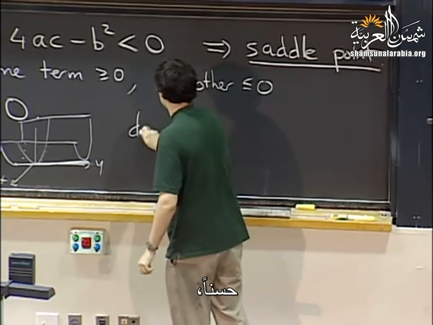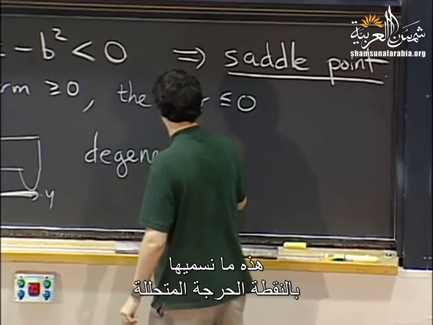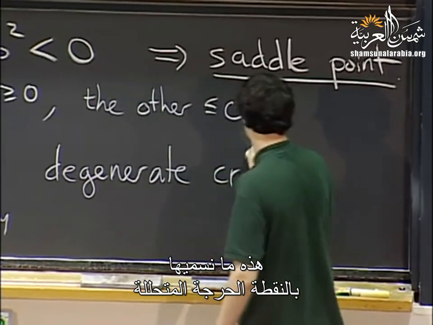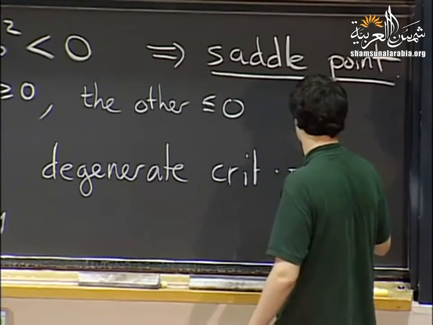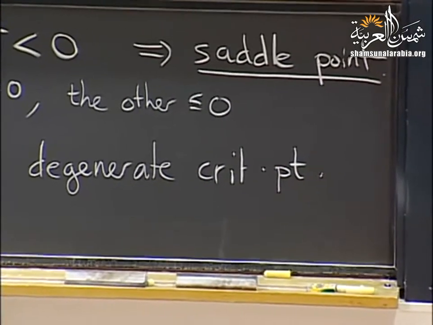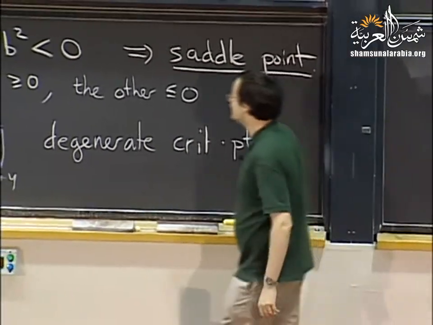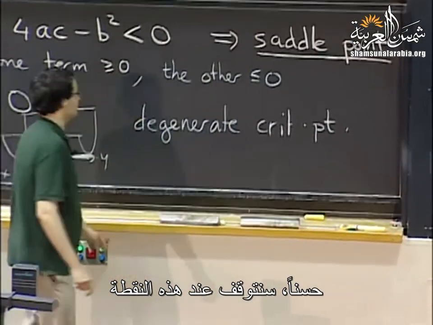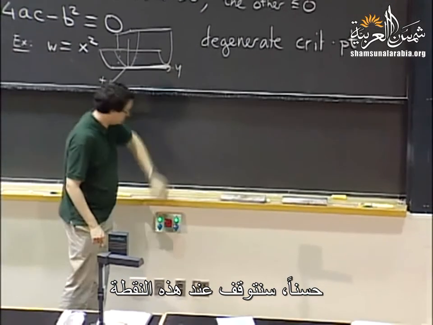So this is what's called the degenerate critical point. Basically we'll leave it here.